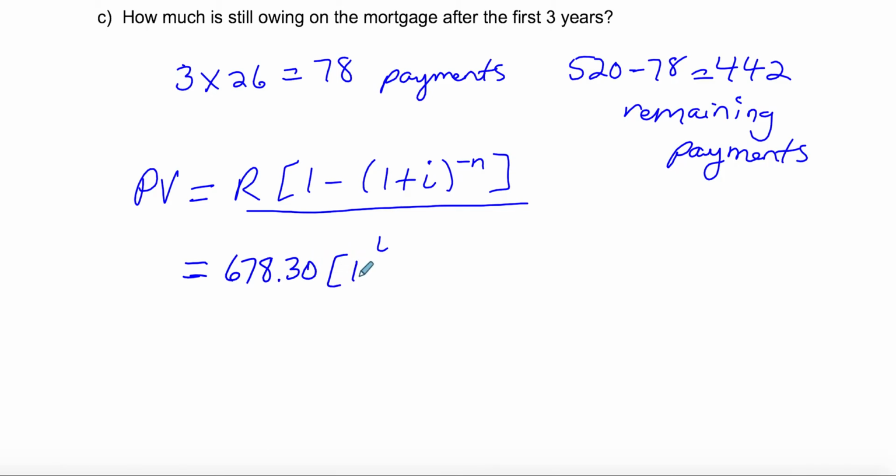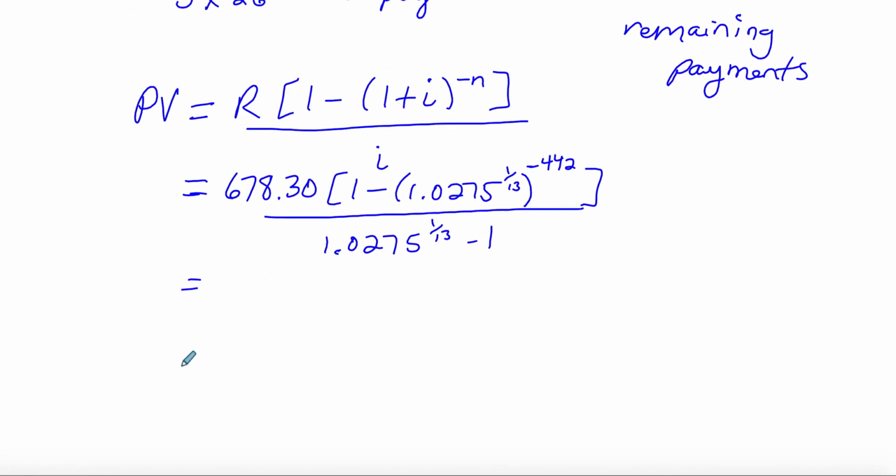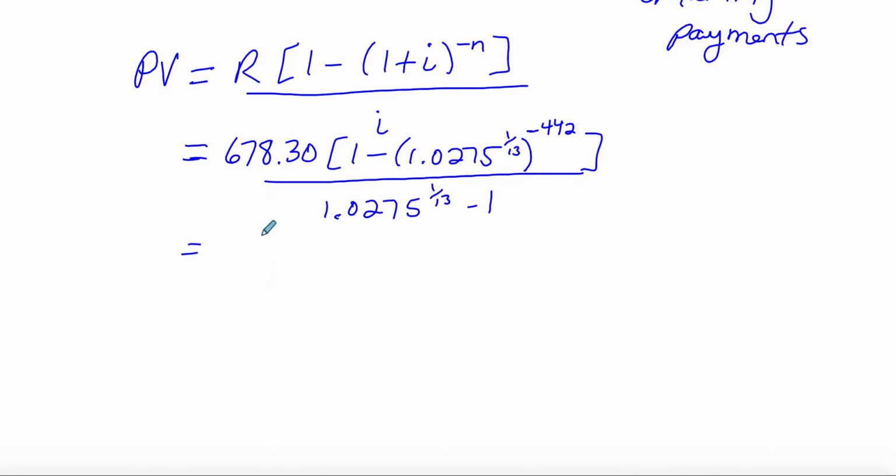And then we already know the 1 + i is 1.0275 to the 1/13th. But he still has 442 payments left. And then we divide that by i. So that's 1.0275 to the 1/13th minus 1. So now it's just about calculating this to find out what he still owes after 3 years.